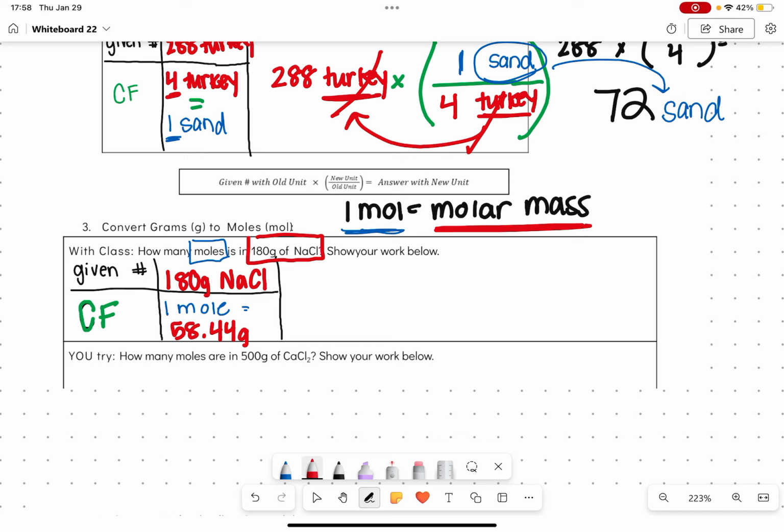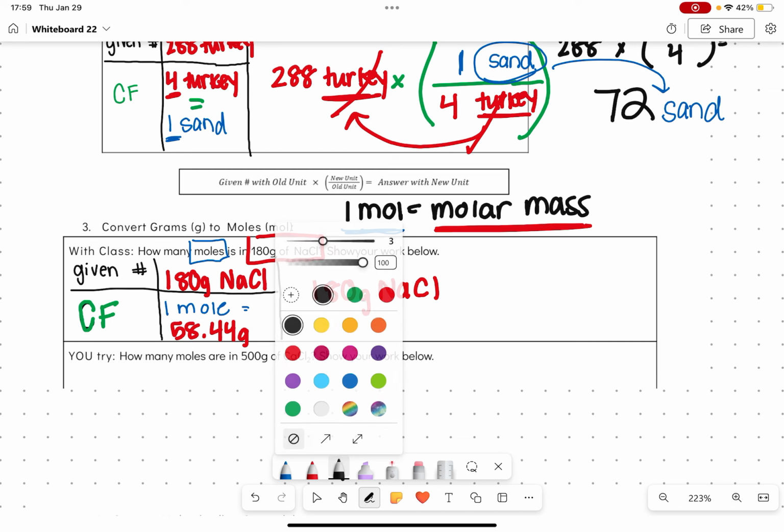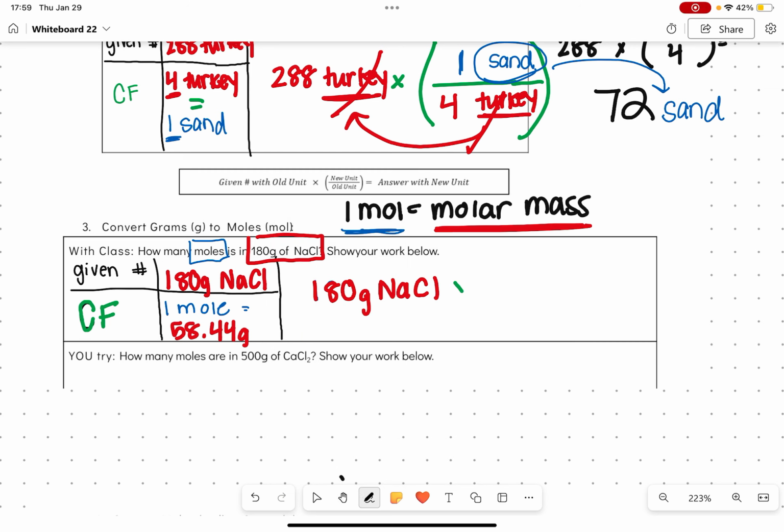So when you go to set it up, your given number goes out front. My given number is 180 grams NaCl. And I am going to multiply it by my conversion factor. So if I know that in 1 mole there's 58.44 grams, I can figure out how many moles are in 180 grams.